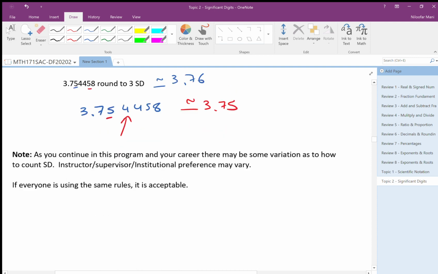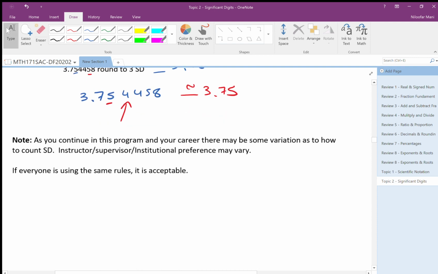As you continue to work in science, in this program, and in your job, you will see maybe your instructor, maybe your supervisor, maybe the company that you work for, have different rules for rounding. As you continue, you will see different rules even for counting significant digits. So you have to follow them in future.